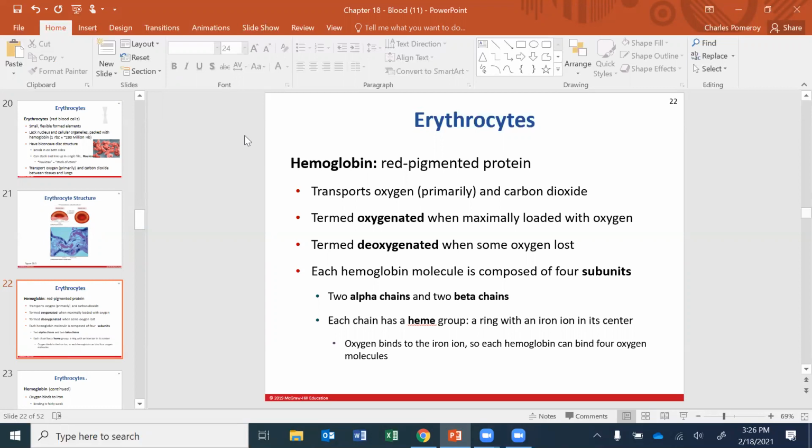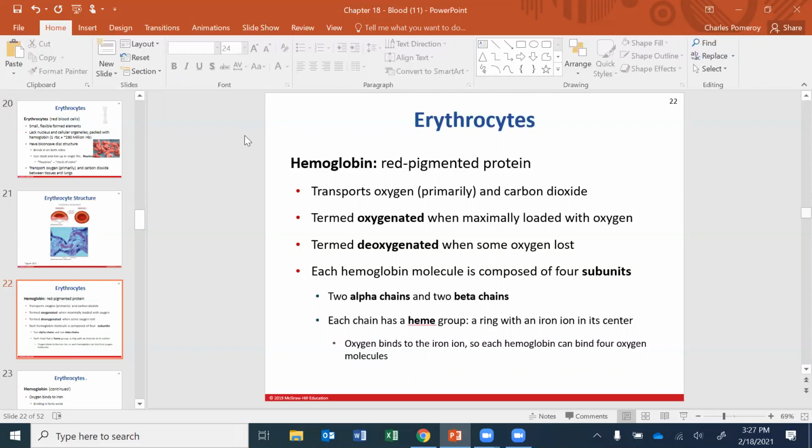As a teacher, I would rather you use the term oxygenated than the words oxygen rich. And I would much rather you use deoxygenated blood than oxygen poor blood, because even deoxygenated blood still has a good bit of oxygen in it.